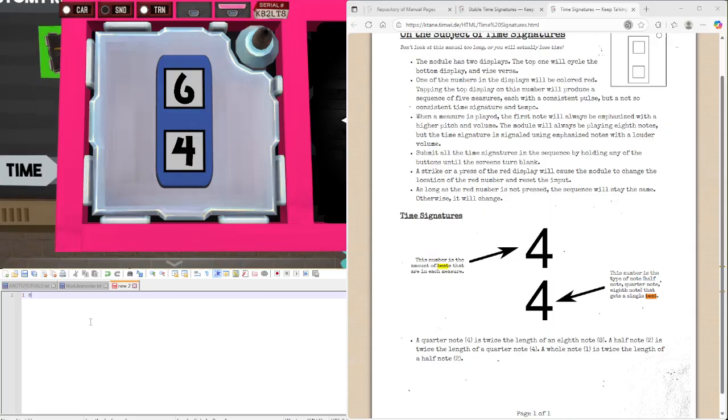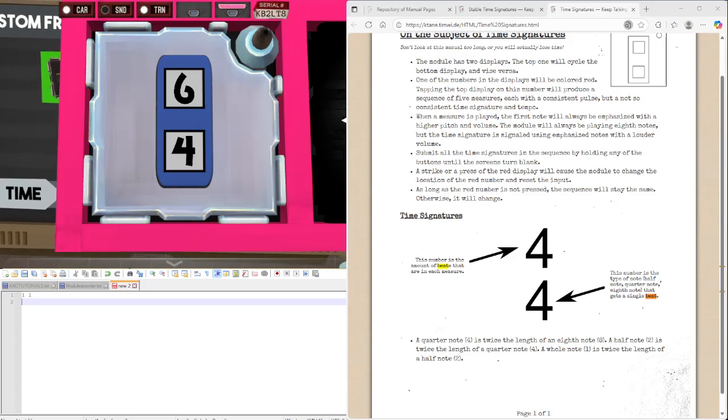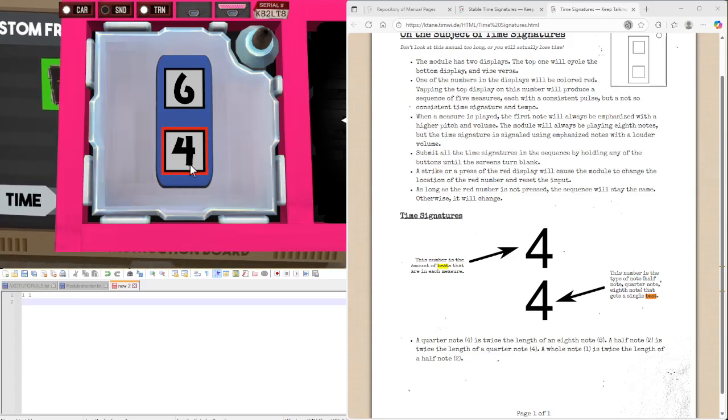So you think it's just one, because a whole note is twice the length of a half note.